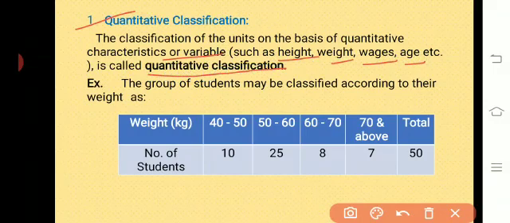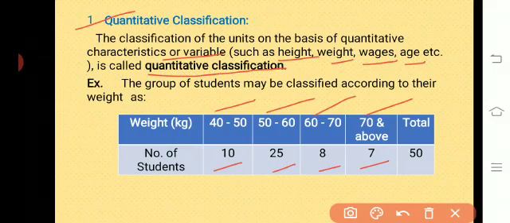For example, the group of students may be classified according to their weight, as here the weight groups are there: 40 to 50 kilogram, 50 to 60 kilogram, 60 to 70, and 70 and above. The number of students respectively are 10, 25, 8, 7.